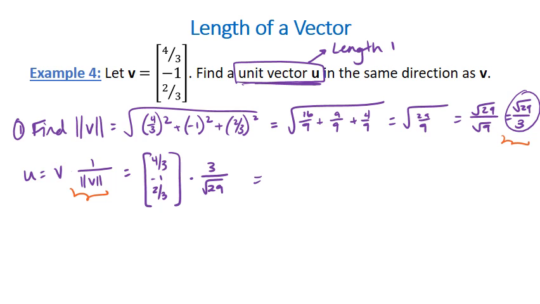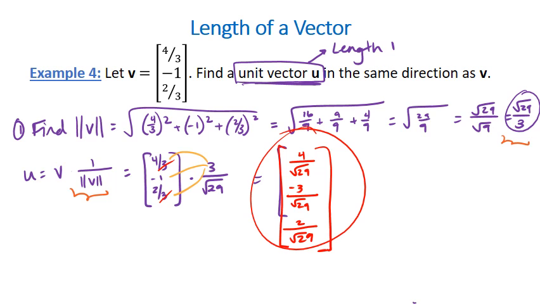I'm going to multiply each item by 3 over root 29. In the first one, the 3's cancel, so I'm left with 4 over root 29. Then negative 3 over root 29, and again the 3's cancel, so 2 over root 29. So this is a unit vector in the same direction as v.